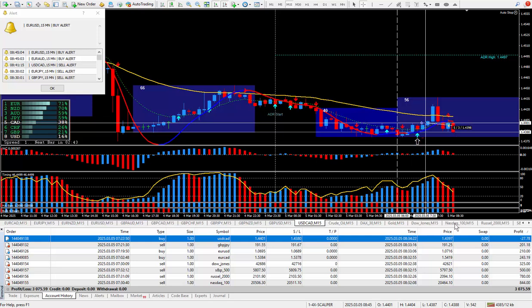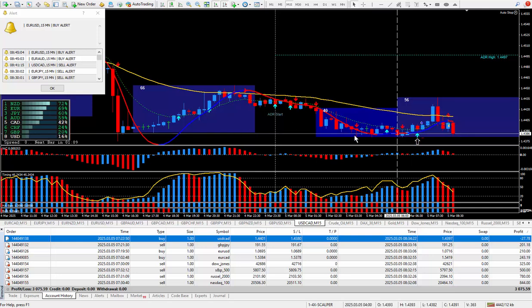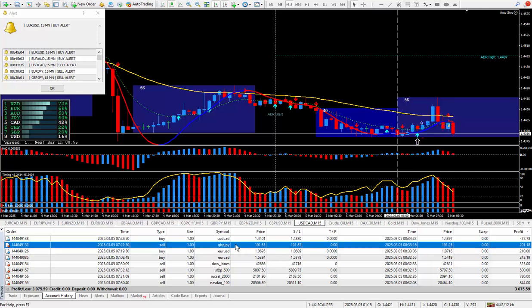Looks like I lost 3 pips right here, so that's a -3, and that's why you see a minus $27. Remember, every trader in the world has some losing trades.